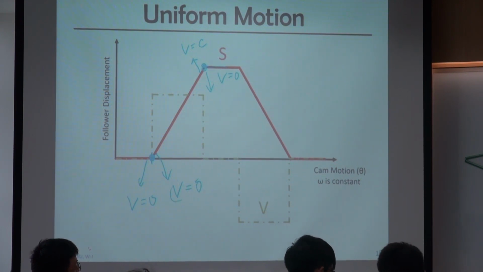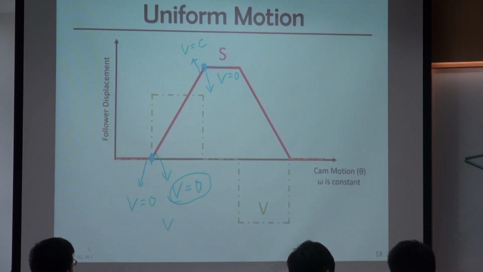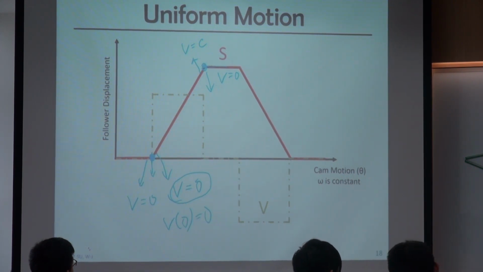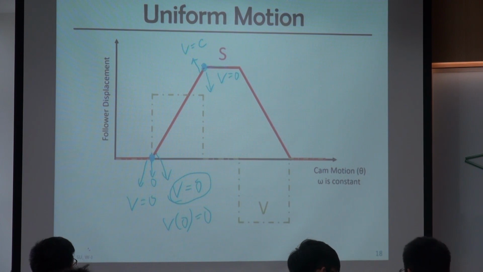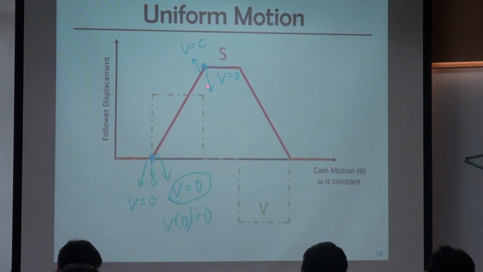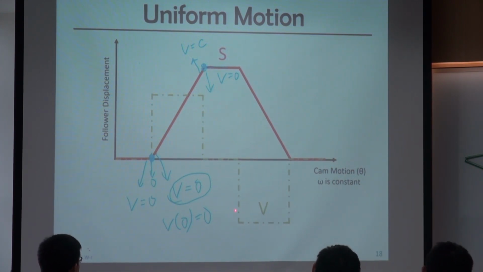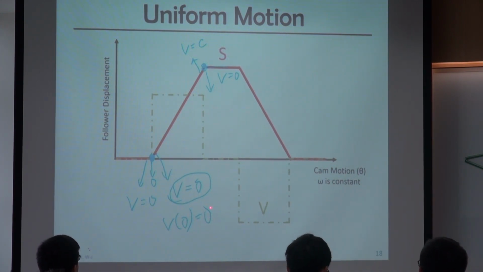To make v at this point equal 0, that means v0 must be 0 for this straight line, for this connecting curve. If we set this point as 0, then v0 must be 0.